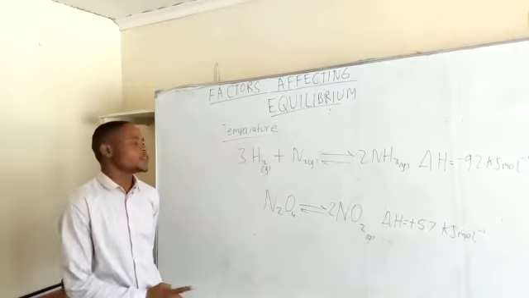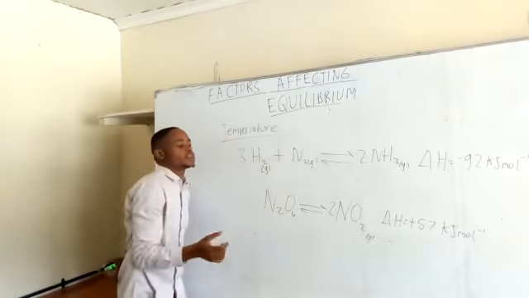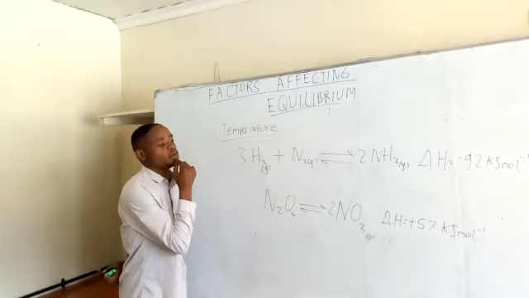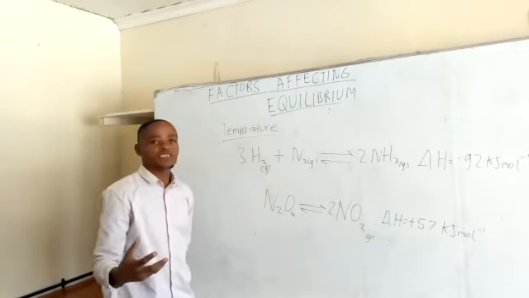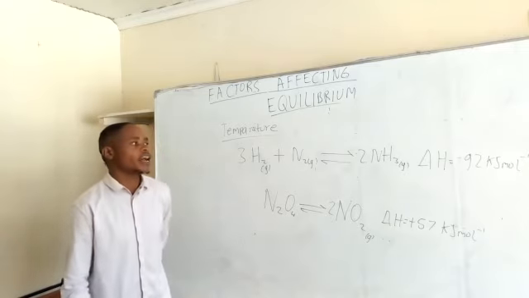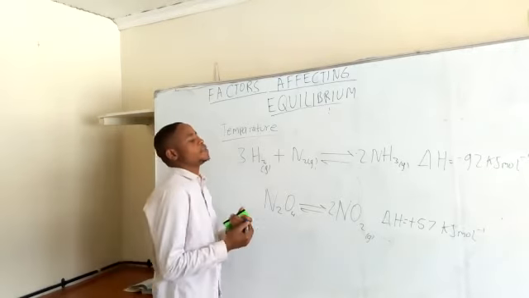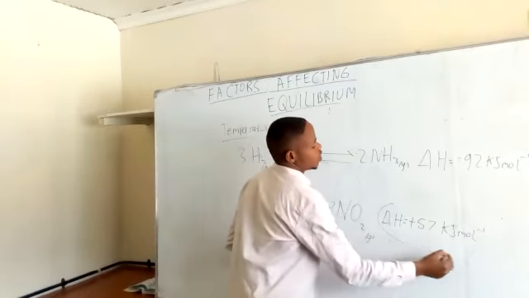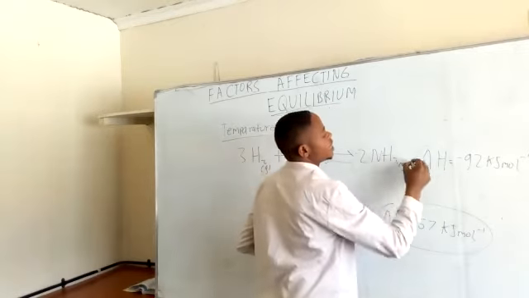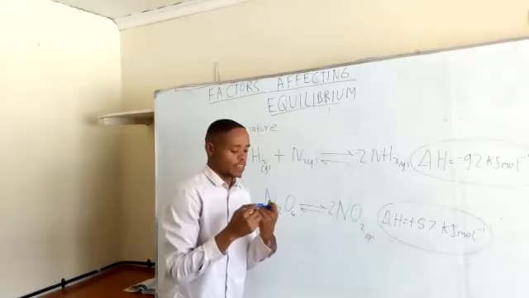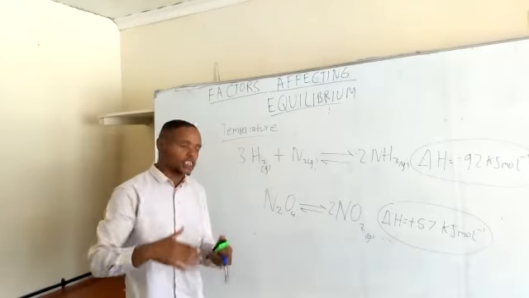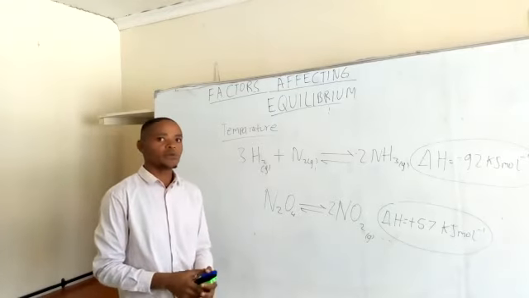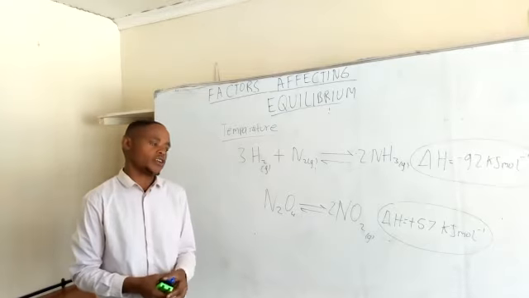However, something we need to note before we go to pressure is that a change in temperature has no effect if the overall enthalpy change of the equation is 0. If the enthalpy change of a certain reaction is 0, then a change in temperature will have no effect on that reaction.